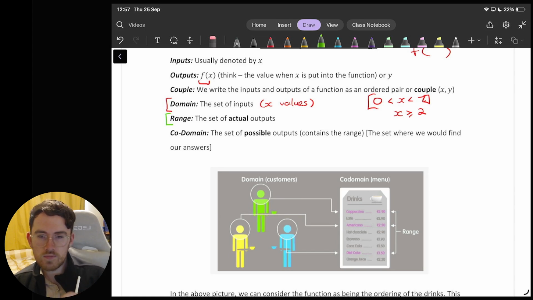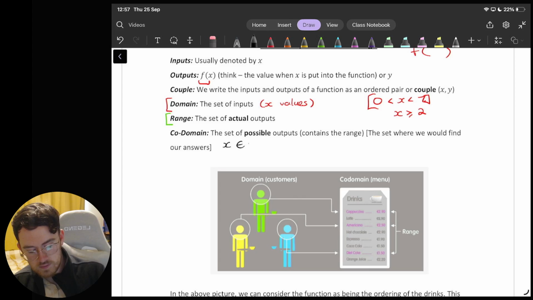The codomain then is the set of possible outputs, the things that could have been my answers or where I find my answers. So what that might look like is, let's say, the codomain could be the set of natural numbers. So actually y. Let's say the codomain is the natural numbers.